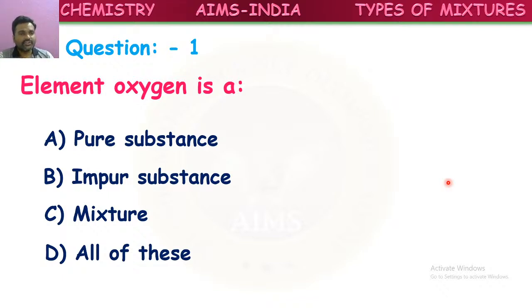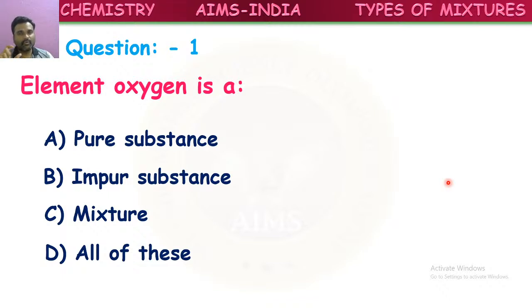Yes, earlier we have discussed this element oxygen. Yes, A is the correct answer, because element oxygen is made up of only one kind of atoms, that is oxygen atoms. The substance which is made up of only one kind of particles is known as a pure substance.